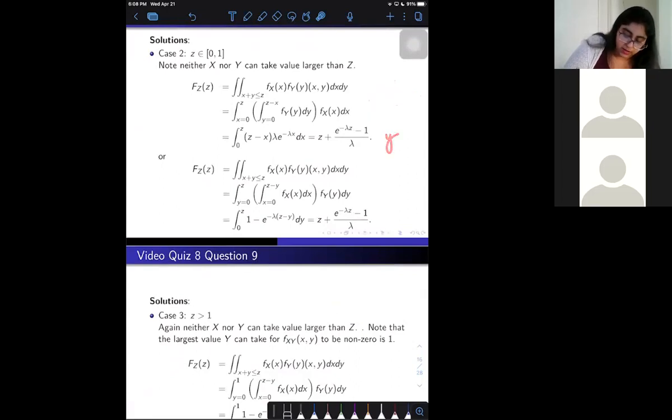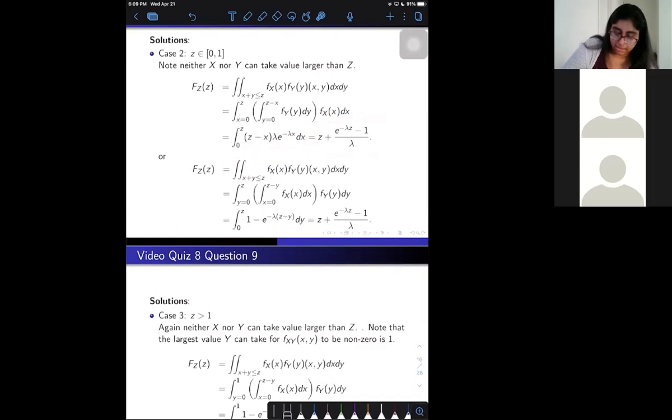Just Y, and then you apply the bounds. So you end up with just Z minus X, whereas f of x is lambda e to the negative lambda x. We integrate this for x from 0 to z. If we do that integration, you will get something like this.